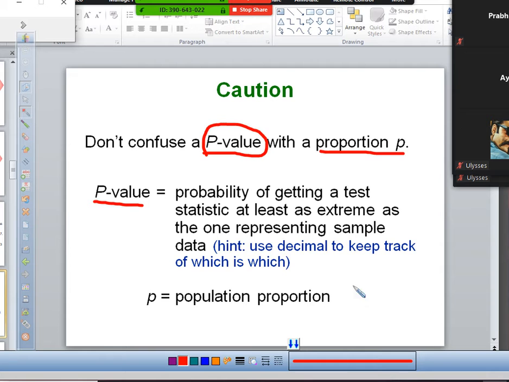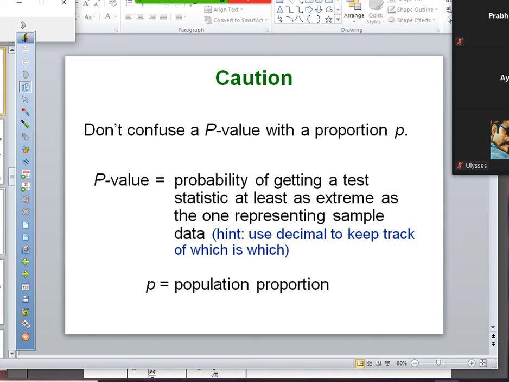I typically will do the test stats just because I worry about you guys. But a lot of people do p-values, so it's good to know them. But maybe the population proportion, you use percents with that, the percent symbol with that one, and then you only switch it over when you put it into your calculator. I'm not sure, but find something that works for you, or just know that this isn't the problem. This only comes up in a couple of steps. But just be aware that they're both decimals and don't mix them up.